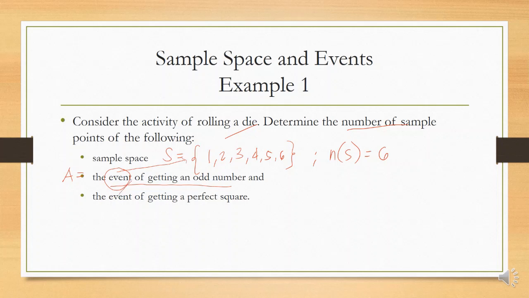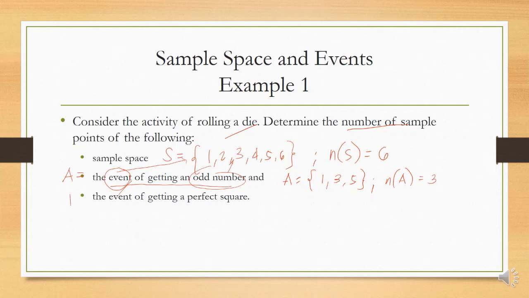So the elements of our event A are the odd numbers in the sample space: 1, 3, and 5. Therefore, our number of sample points in event A is 3.